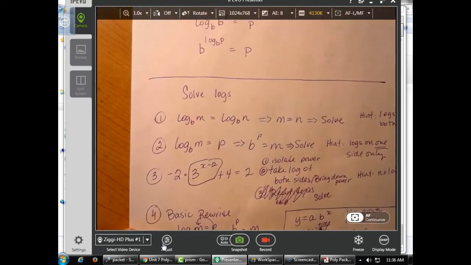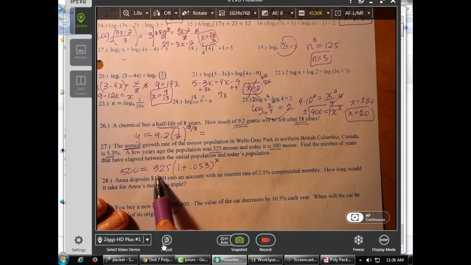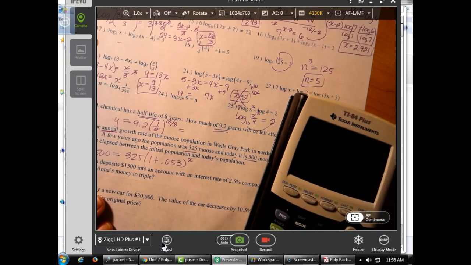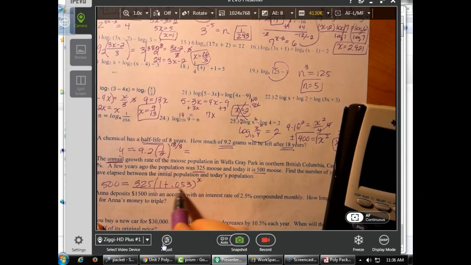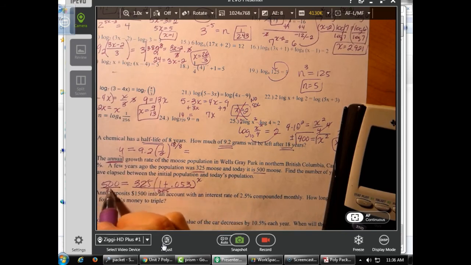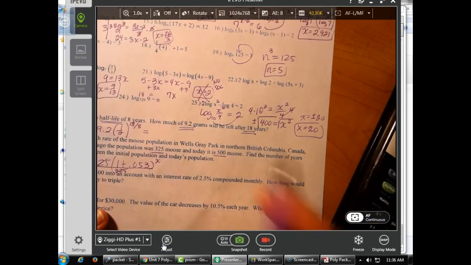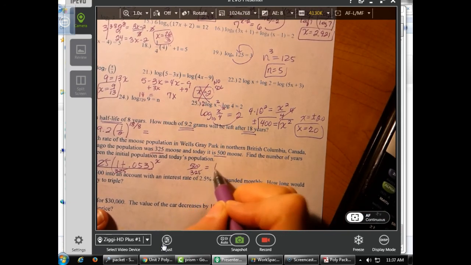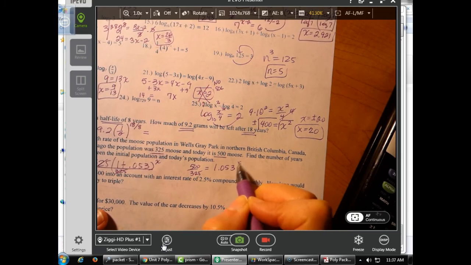I'm using this method right here, where you isolate the power. So I'm just going to divide both sides by 325. So divide 500 by 325. So I end up with 500 divided by 325 is equal to 1.053 to the x.